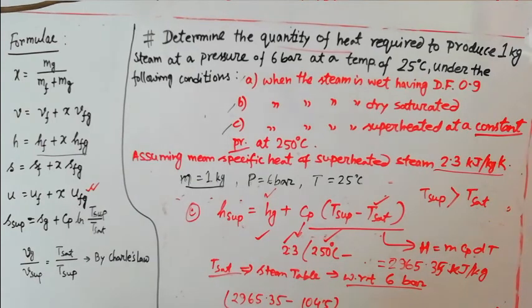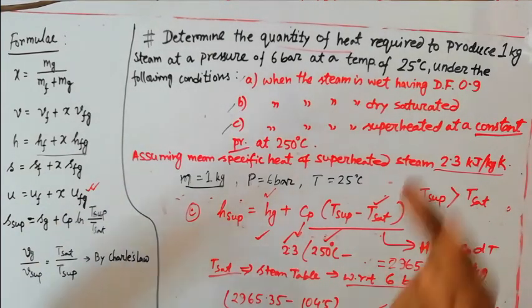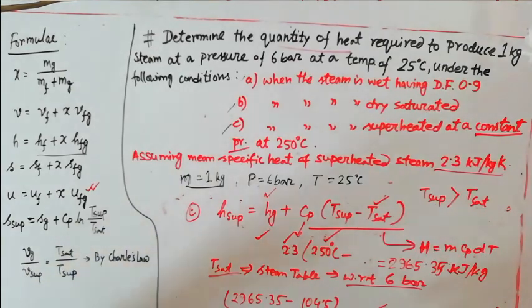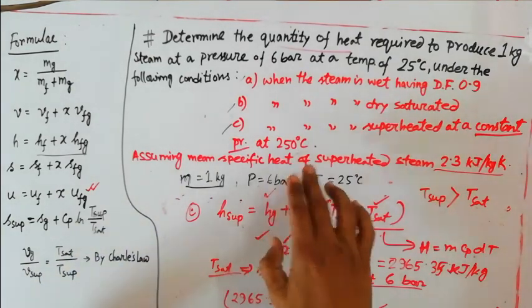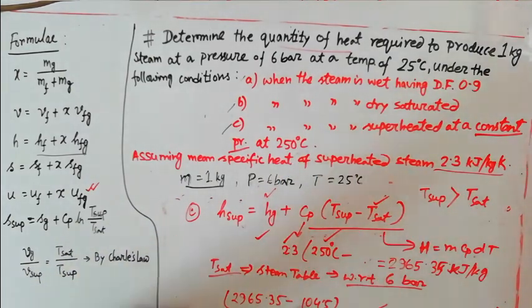If you do that subtraction, you get the answer for part C: the amount of heat required to achieve the state from 25 degrees centigrade water up to 250 degrees centigrade steam. That amount of heat is required to be supplied.